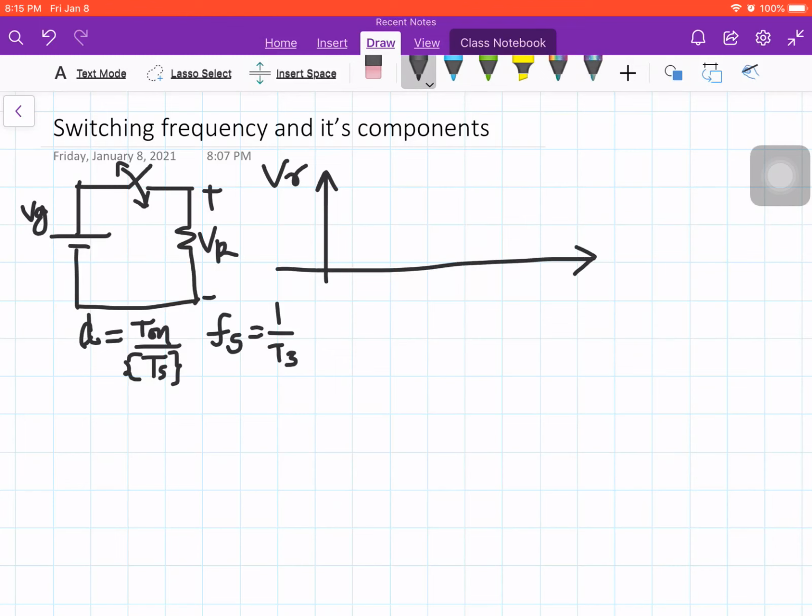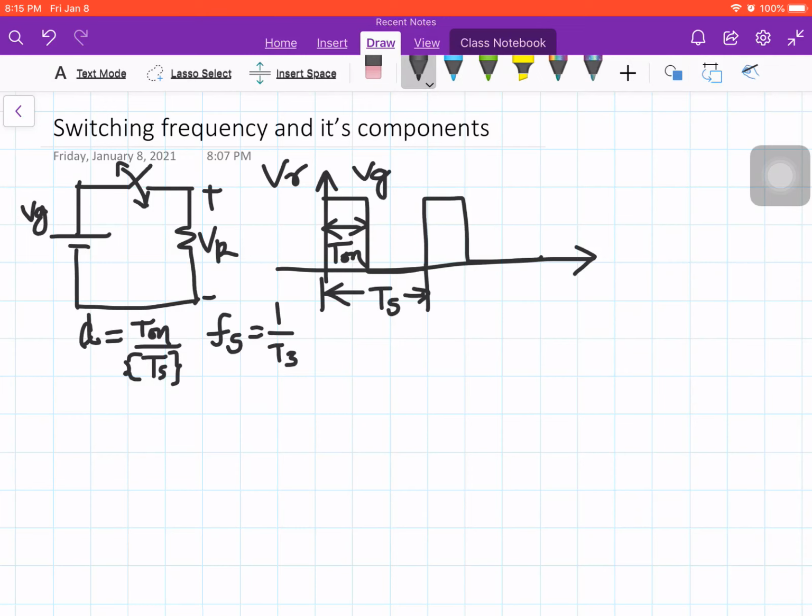My VR is basically a pulsed voltage, right? So this time period is what I'm calling Ts, and this is T on. The peak value is Vg.